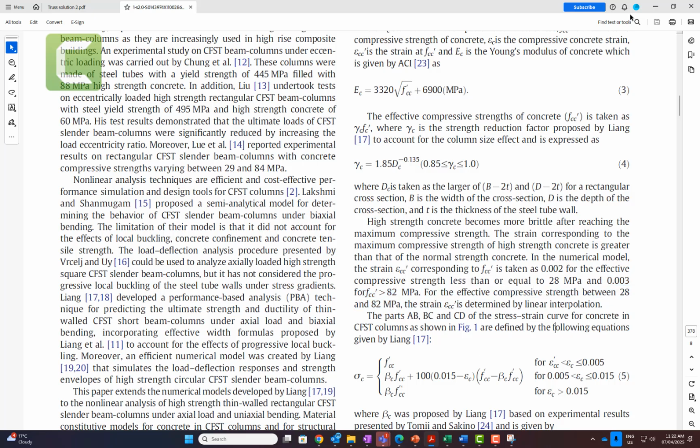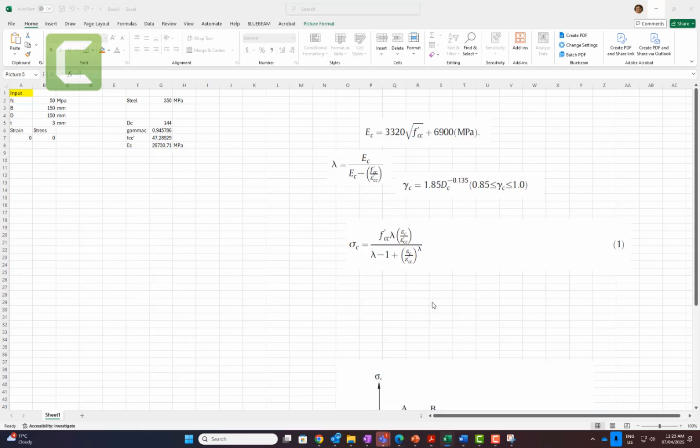So ECC dash, by the way, would be 0.003 for FCC dash less than 28 megapascals, and for FCC dash greater than 82 megapascals.